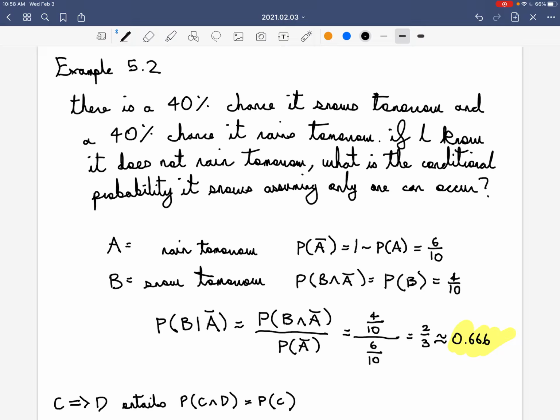So we can say the probability of B and A complement is the probability of B, which is 4 over 10. All right, and so now we can calculate the probability of B given A complement using the conditional probability formula. Probability of B and A complement over the probability of A complement. So 4 over 10 over 6 over 10 gives us 2/3, which is 0.666.